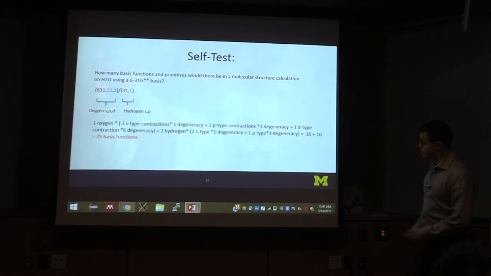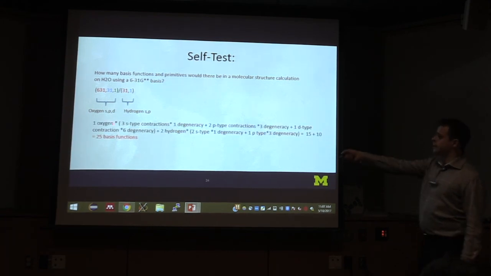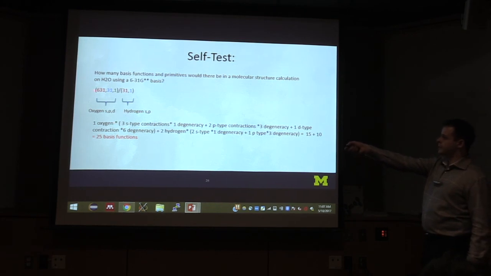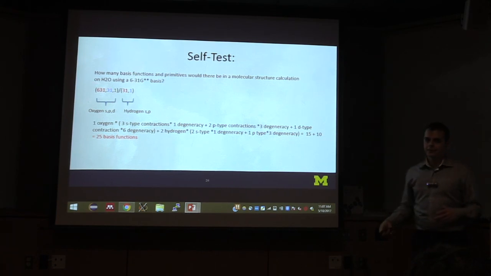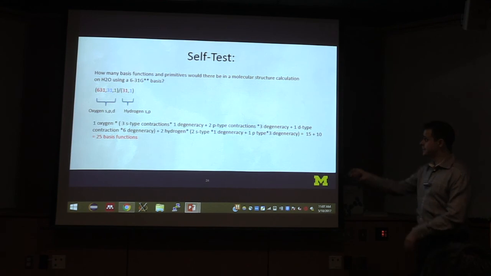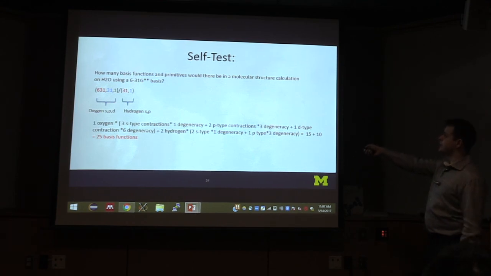So if we want to count how many basis functions we have on oxygen, there are 3 S-type contractions, 1, 2, and 3, and those have a degeneracy of 1. There are 2 P-type contractions, but remember each P-type contraction consists of PX, PY, and PZ, so it has a degeneracy of 3.